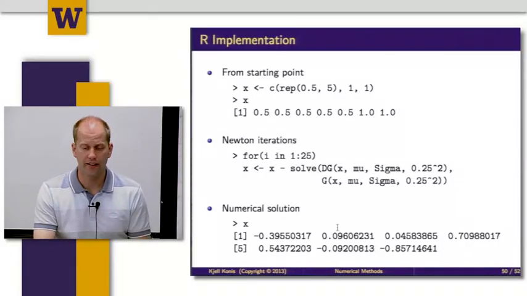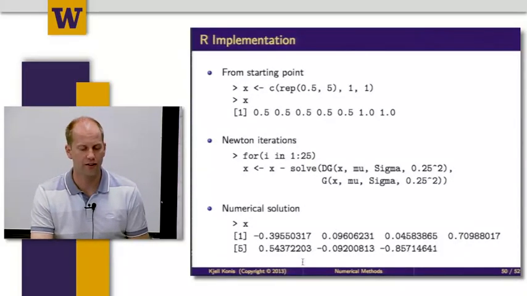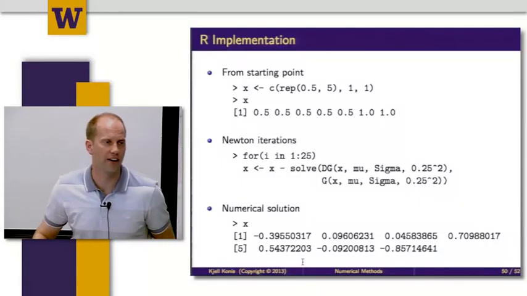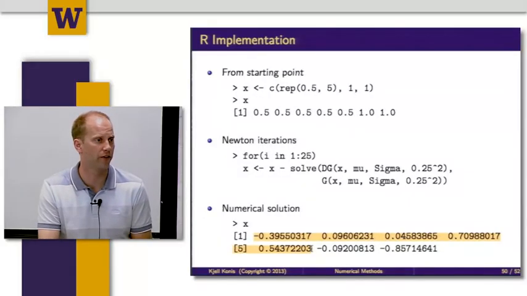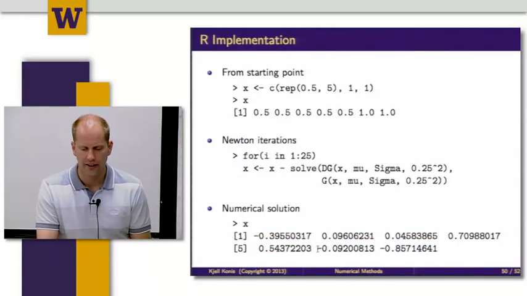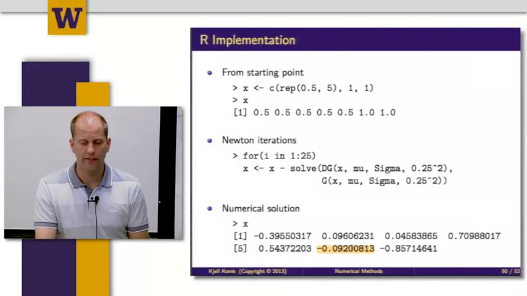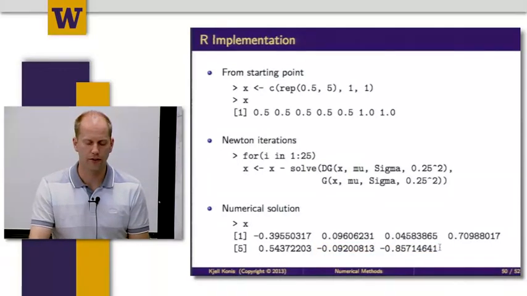And that gives me this computed solution here. I couldn't quite fit the whole w vector on the first line. So the first 5 parts correspond to w1 through w5, the asset weights within the portfolio. Then this is the first Lagrange multiplier and the second Lagrange multiplier.